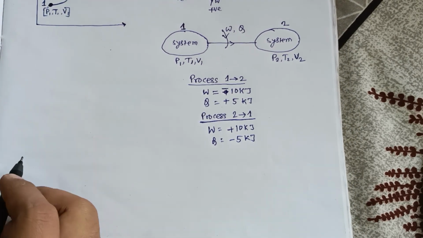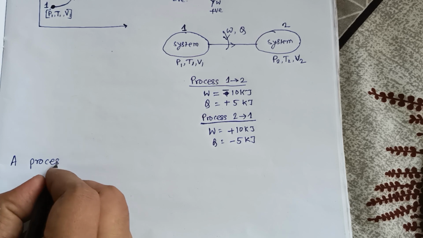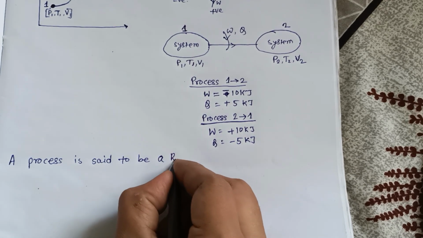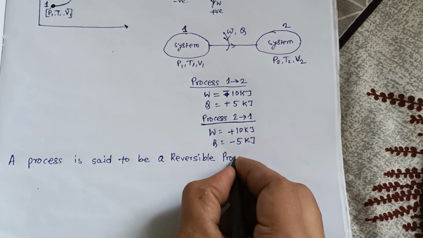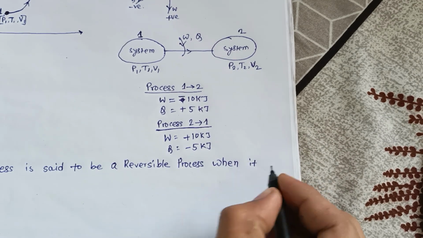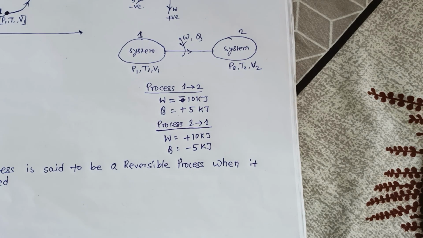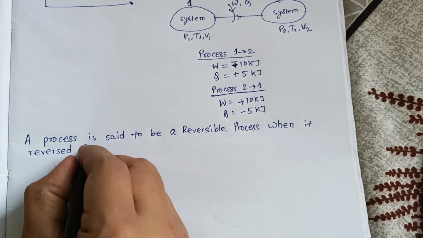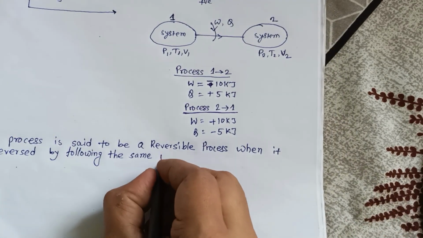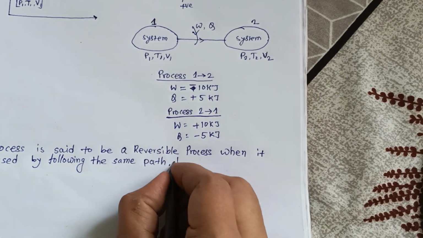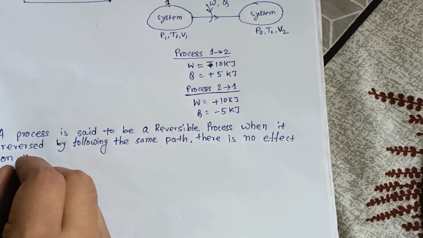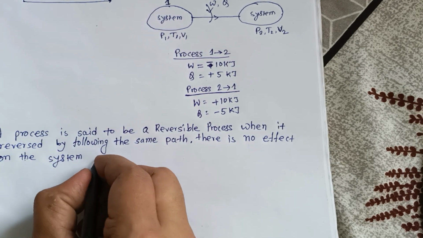So what is a reversible process? A process is said to be a reversible process when it is reversed by following the same path, and there is no effect on the system and surrounding.